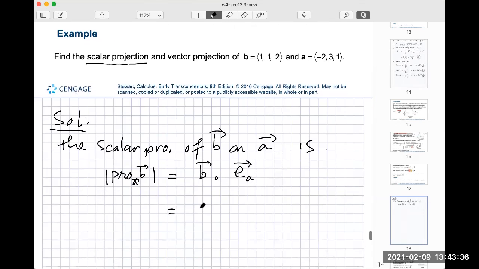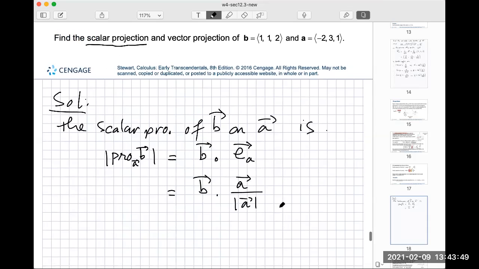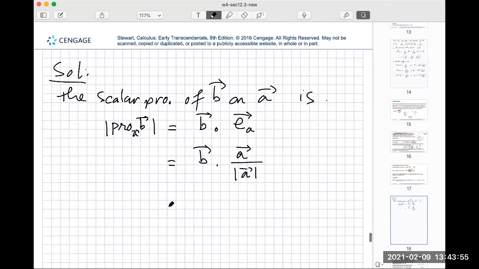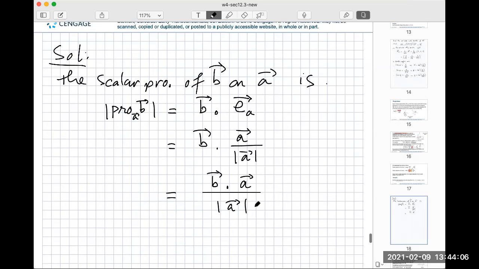Then we also know that the unit vector of this guy will be the vector A divided by the magnitude of vector A here. Okay. Then we can do everything at the same time here, or it is vector B times vector A divided by the magnitude of the vector A.